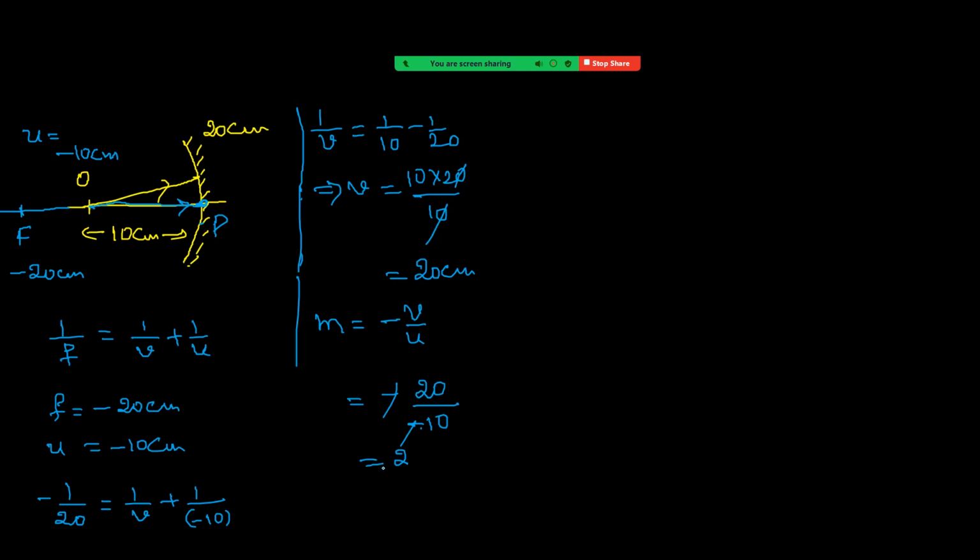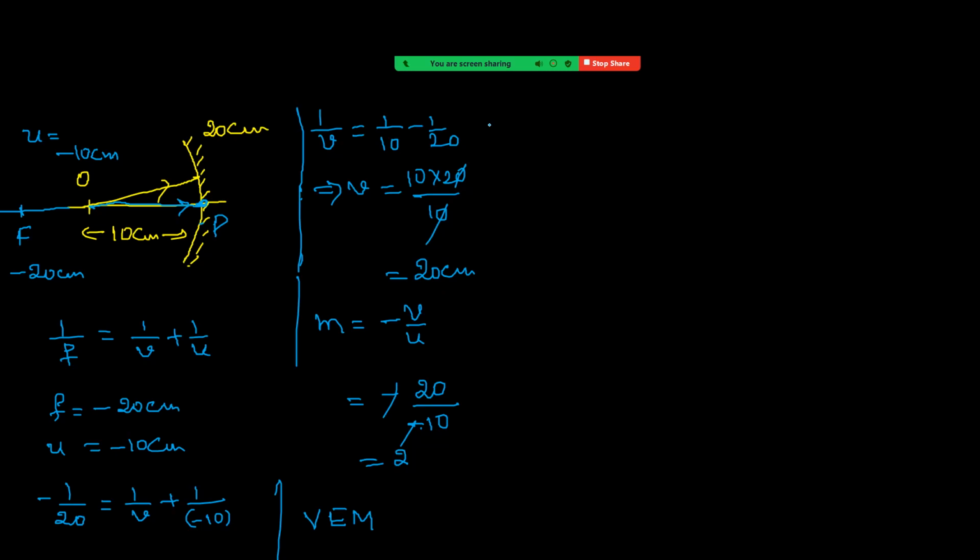It means the image is virtual because we got v value positive. Next, m is plus 2. It is plus, meaning erect one. It is 2, greater than 1, magnified. Virtual, erect, magnified. So this image forms behind the mirror. Virtual means it forms behind the mirror.